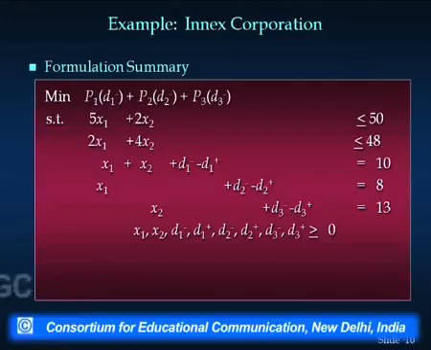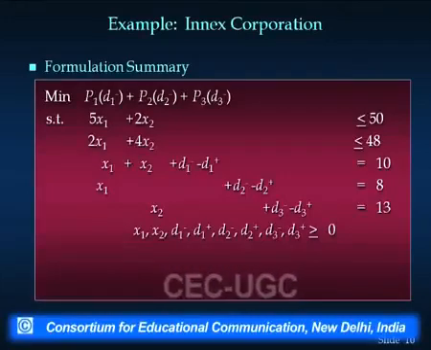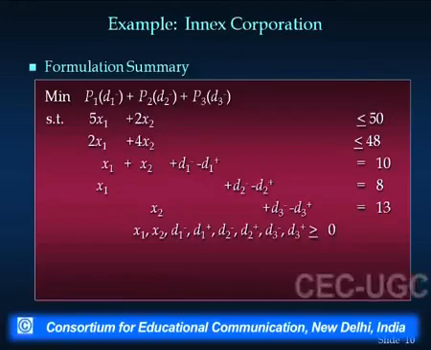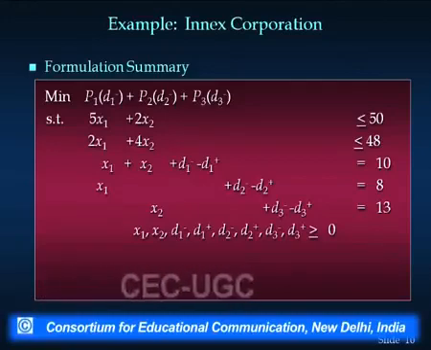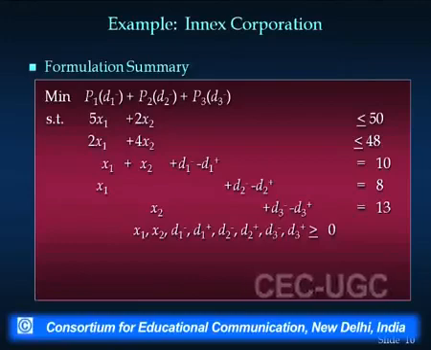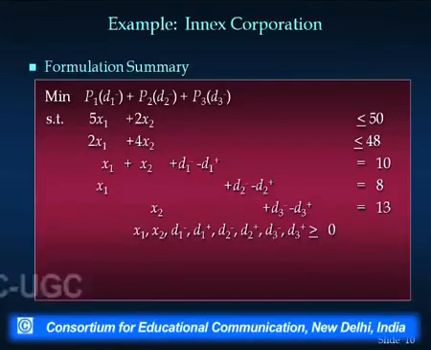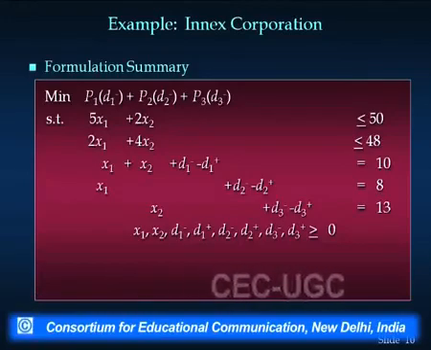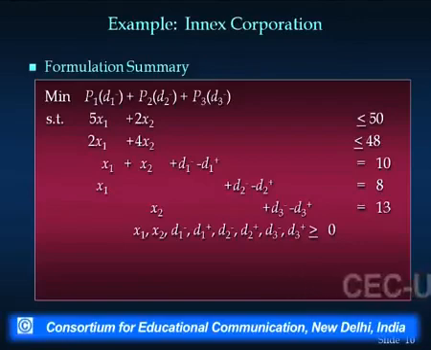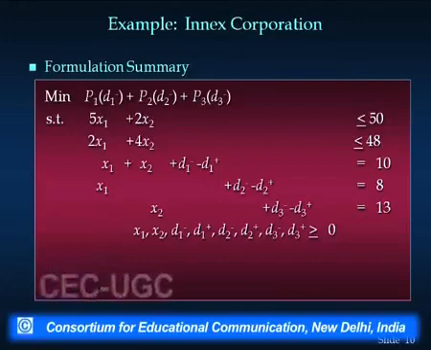Next constraint is 2x1 plus 4x2 less than or equal to 48. And our three goals will also be added: x1 plus x2 plus d1 minus minus d1 plus equal to 10, which is the same equation we have already made. Now second priority x1 plus d2 minus minus d2 plus equal to 8, and the third priority is also introduced: x2 plus d3 minus minus d3 plus equal to 13.